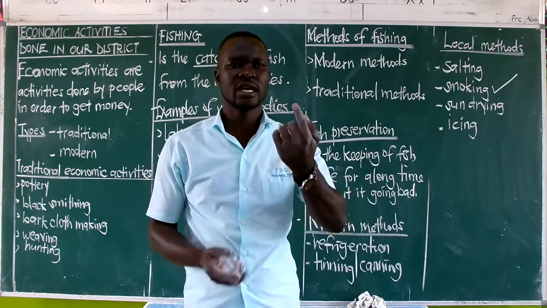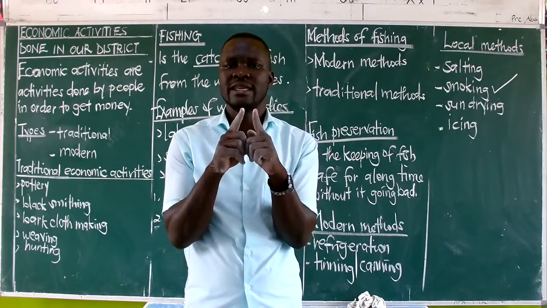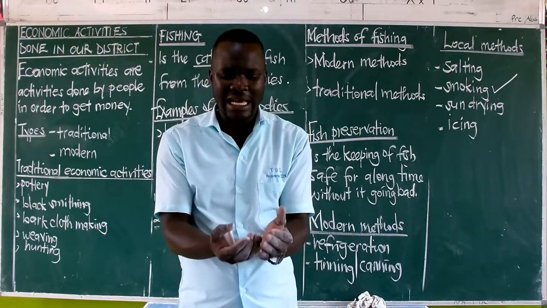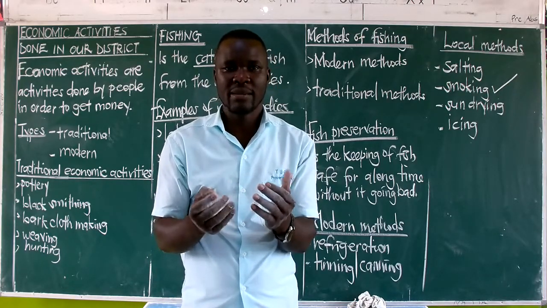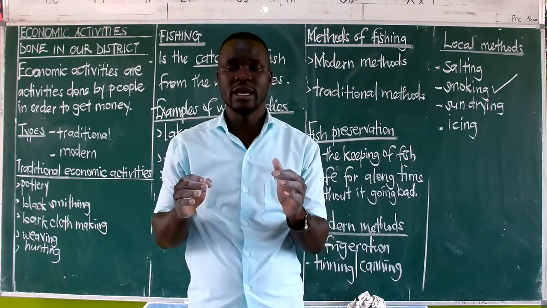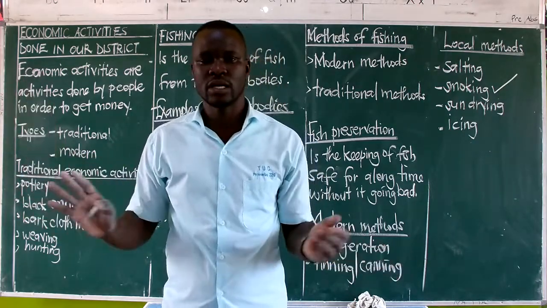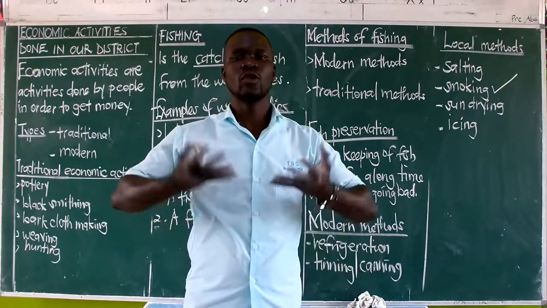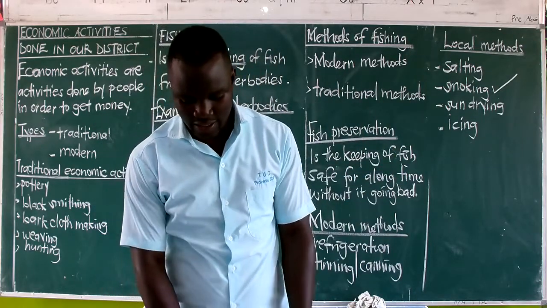Those who use small-sized nets with small holes, even if they get a younger fish, the smaller one cannot escape, they take all. Remember, they are encouraged to use the other ones with large holes, such that they will only catch the big fish. The smaller ones will escape through those holes so that they also grow fast and become big. They will be coming back for them another day.